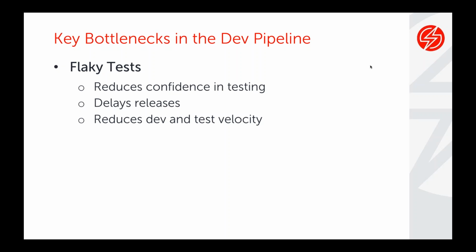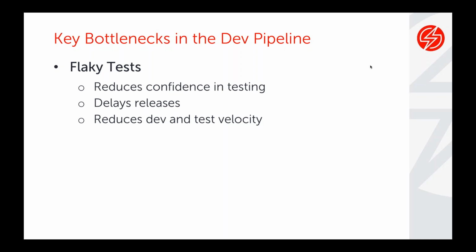First, customers often cite that flaky tests reduce confidence in testing, and this is particularly true among the developers on their teams, where if they see tests as being unreliable, they begin questioning why the teams are even writing and executing these tests if they're flaky and unreliable. Flaky tests can also delay releases.